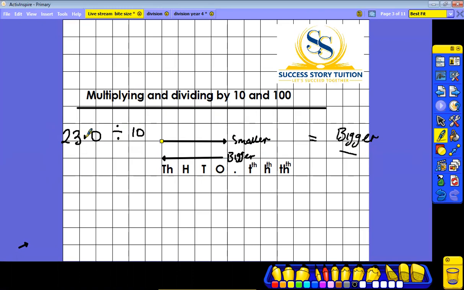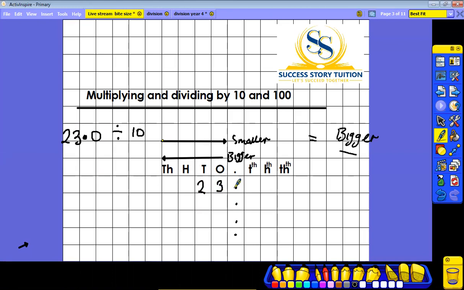Remember, our decimal always has to stay in the same line. I'm just going to put a few decimals here so you understand what I mean by saying stay in the same line. And so we have 23.0. So then we know we've got 2 tens and 3 ones here. I'm going to write that down here, 2 tens and 3 ones.